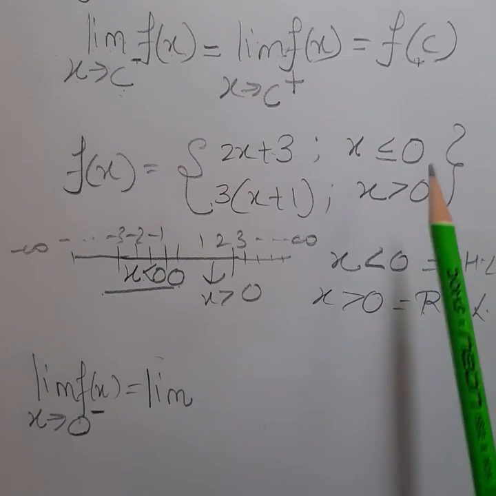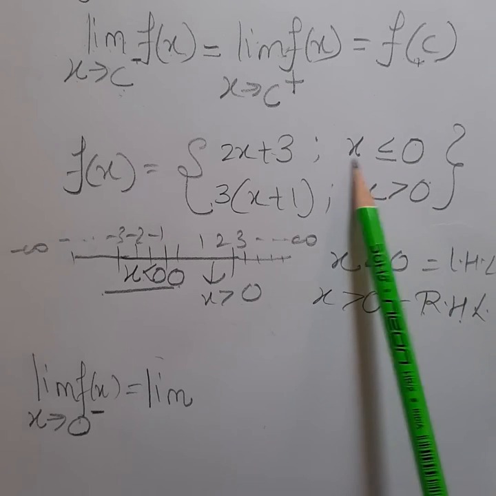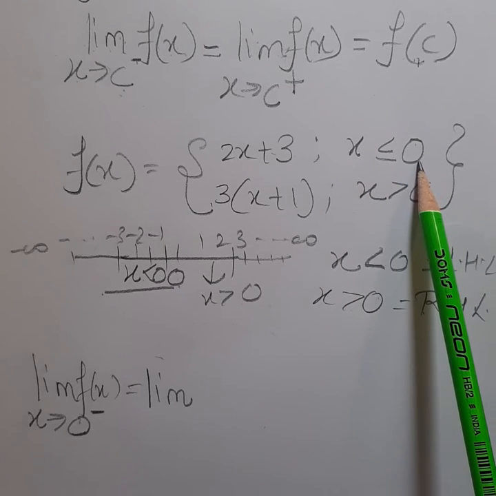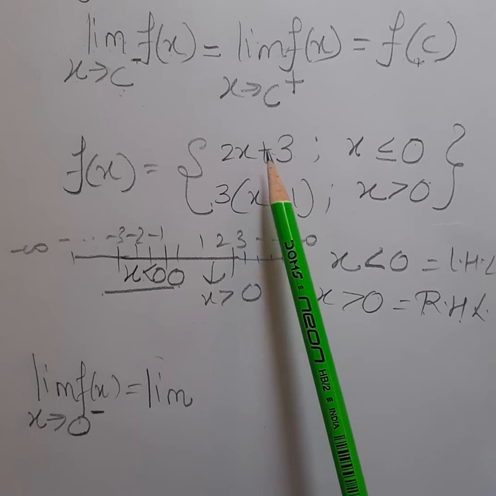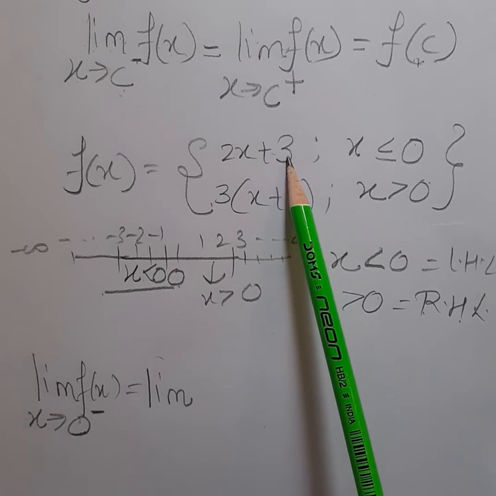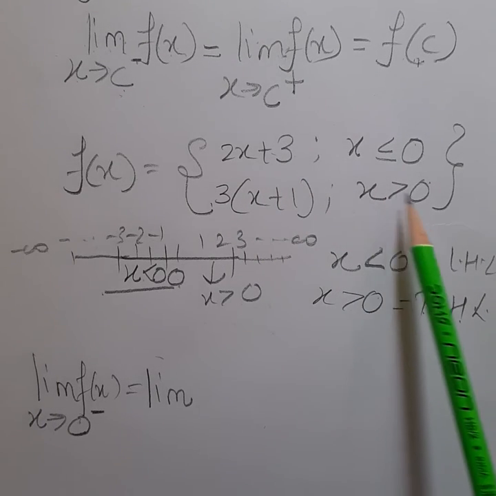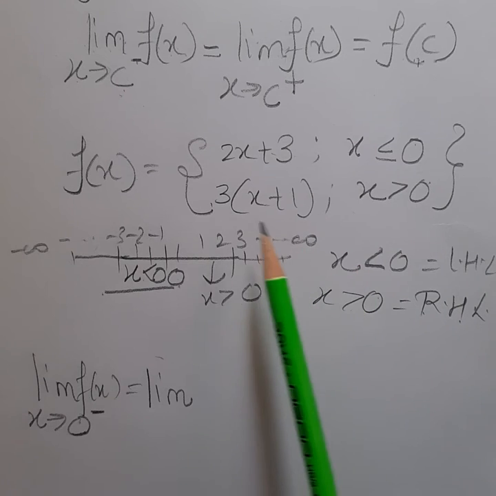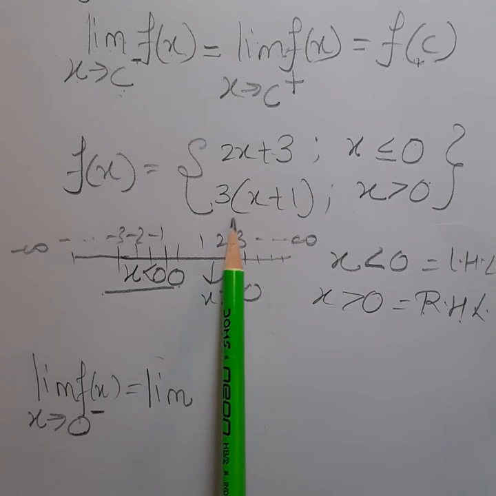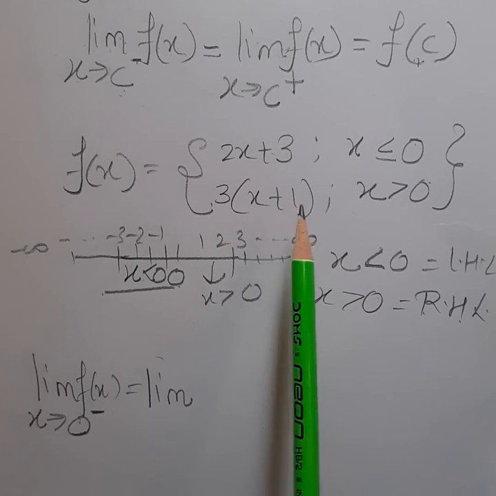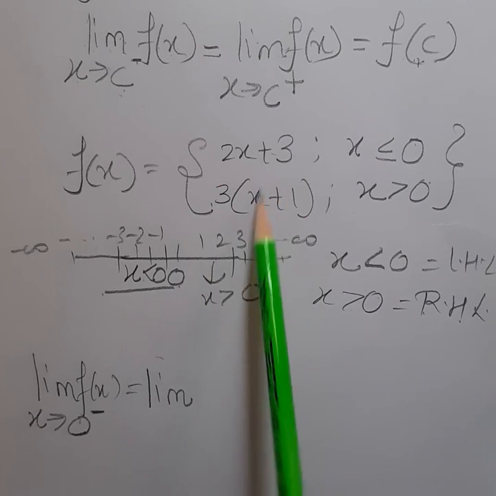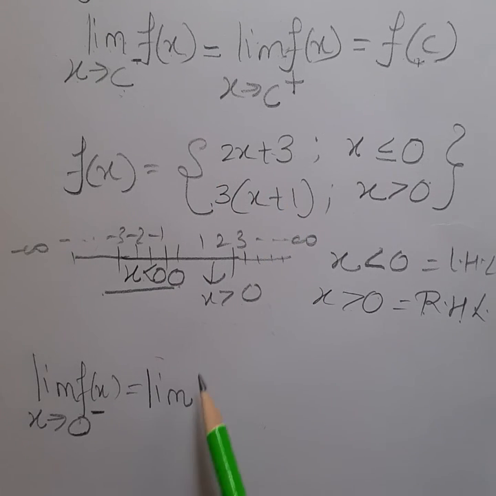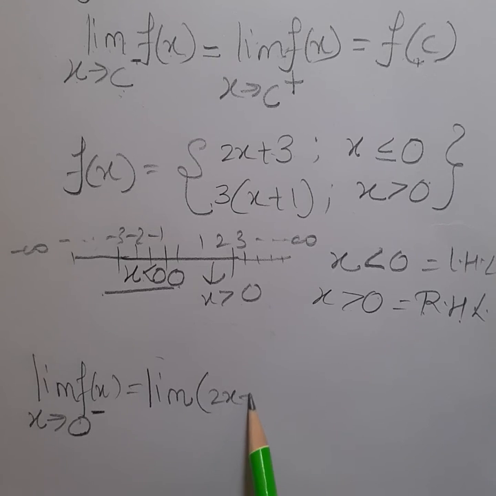From your question, when x is less than or equal to 0, you take the function 2x plus 3, and when x is greater than 0, you take the function 3(x plus 1). Now we write the function f(x) as 2x plus 3.